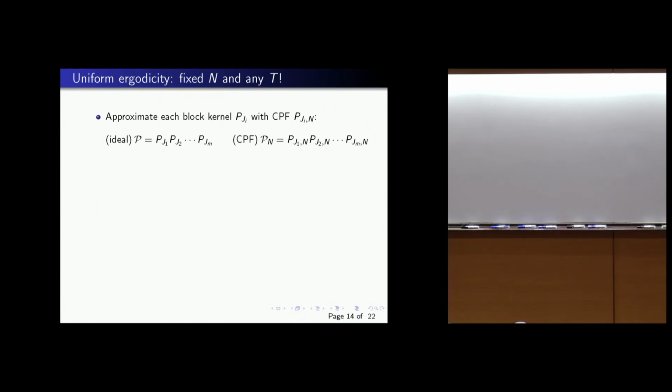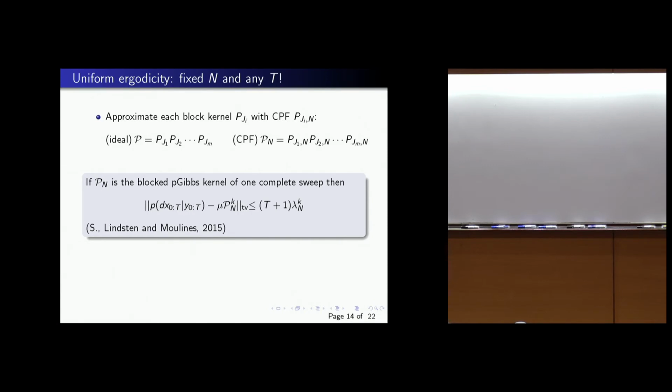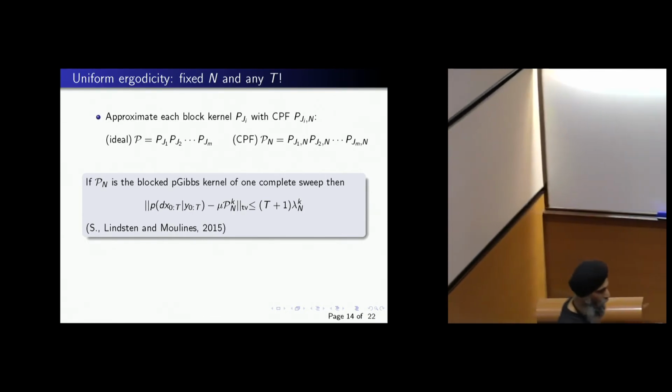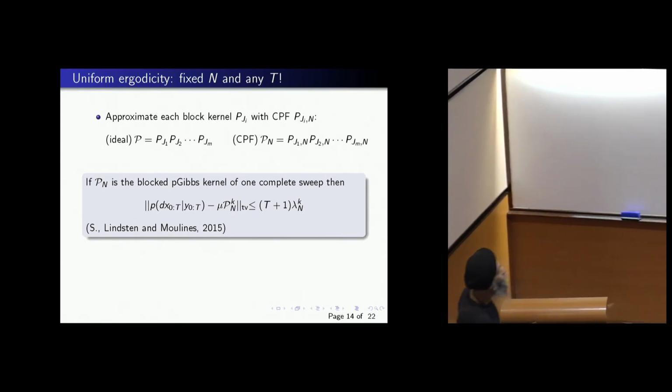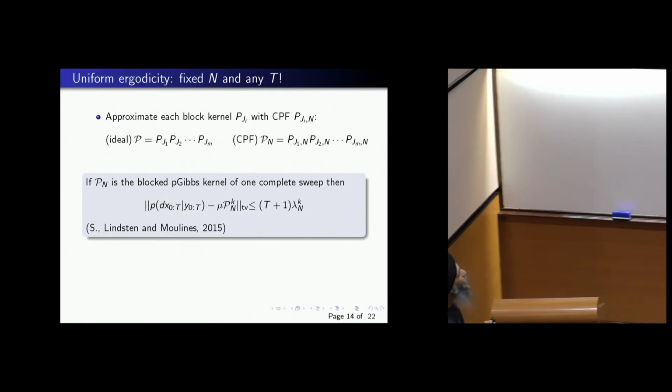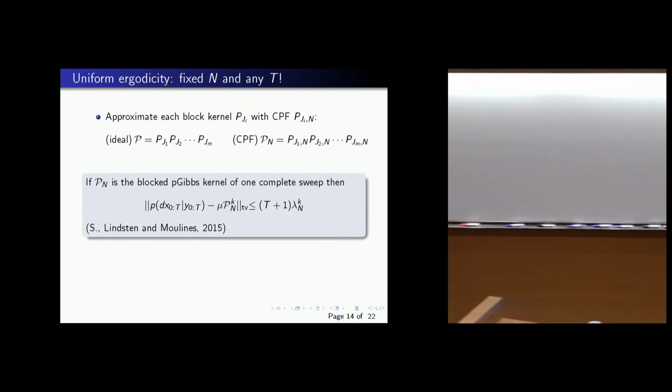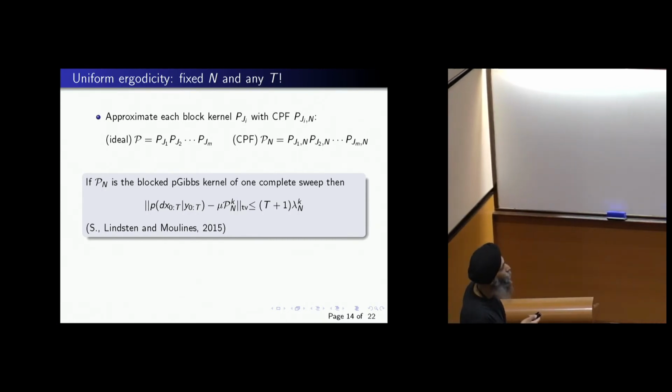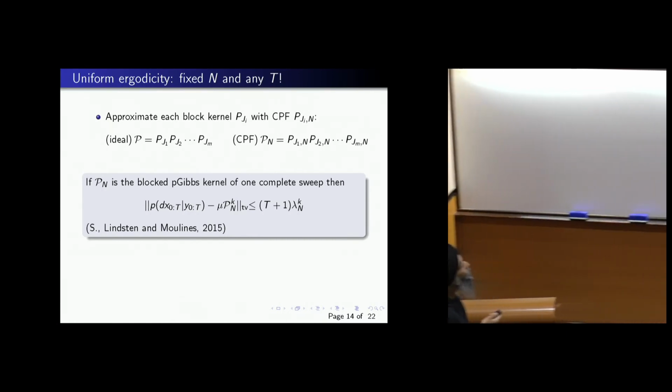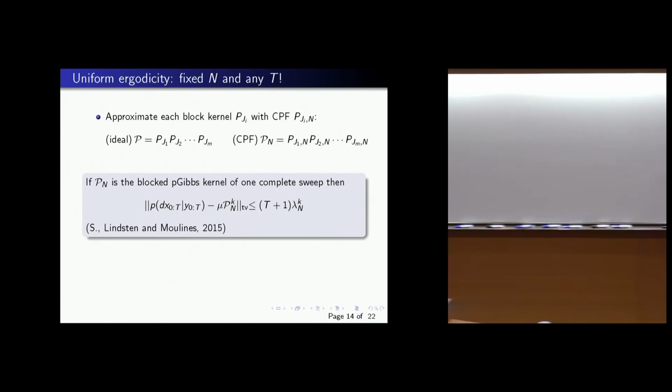So here is the conditional particle filter kernel to update each block. So you end up with a result that says that if you block the states and you apply conditional particle filtering to each block, and you do this over and over again after sweeping through all the states, you'll end up with a behavior very similar to what we had before: a contraction rate that is independent of the length of the time series, a constant that grows linearly with time, and this contraction rate lambda, which is now subscript n because it depends on how many particles you invest in the conditional block particle filter.